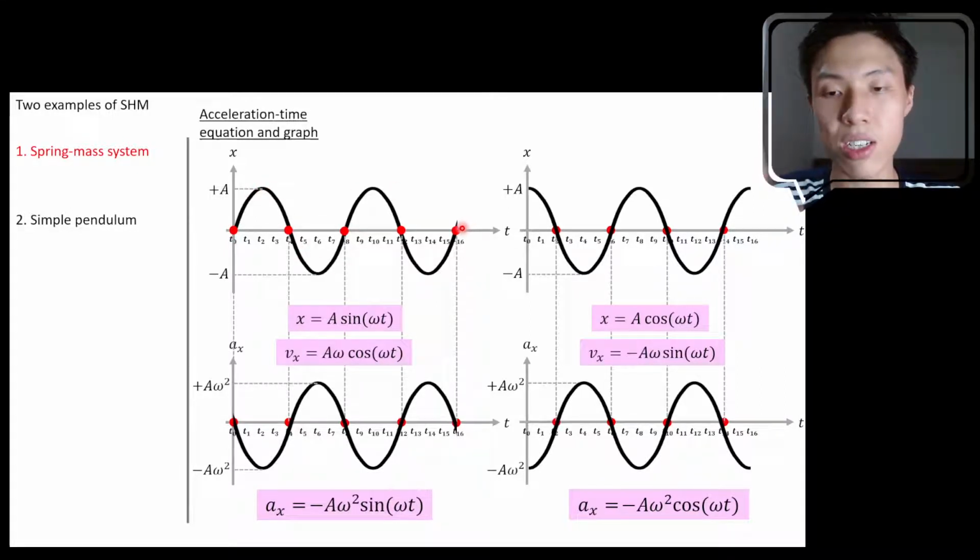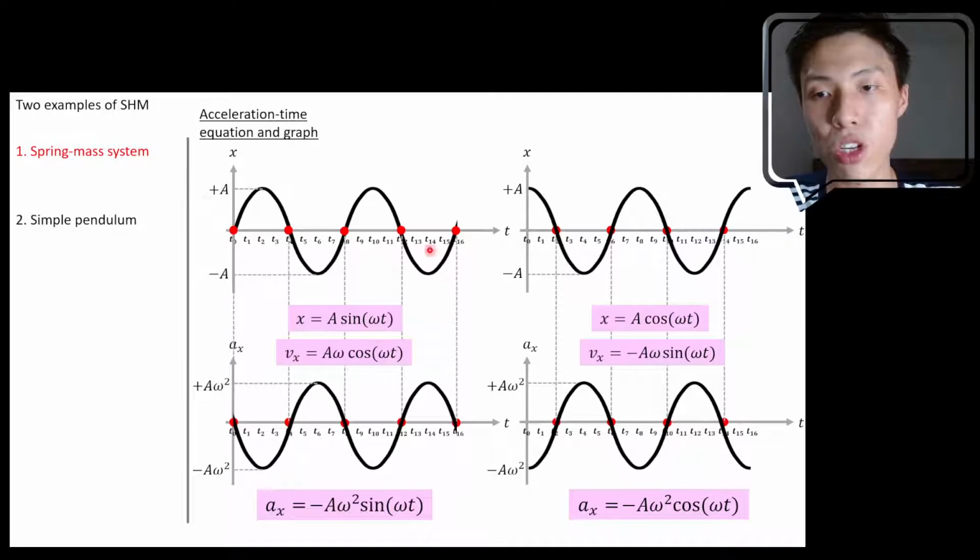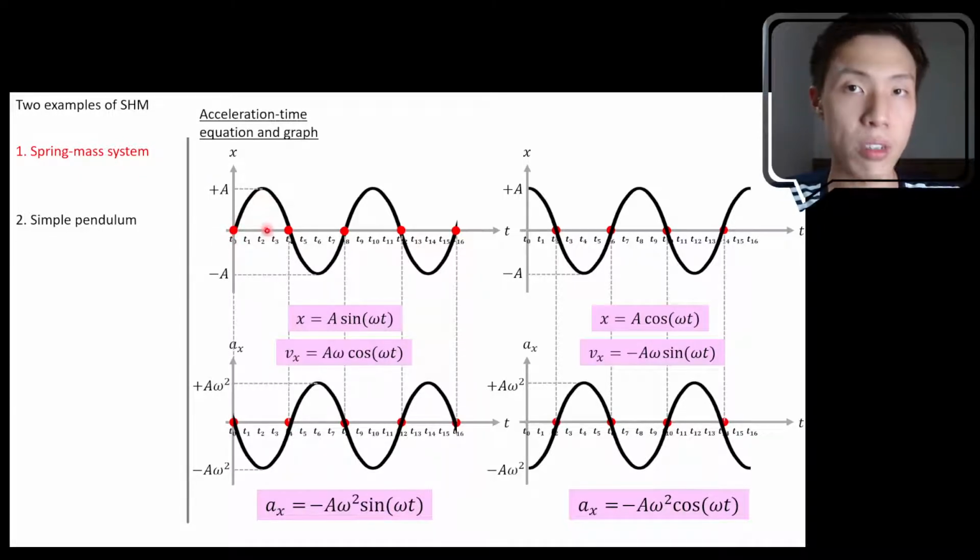We can describe its displacement by x equals A sin omega t. By differentiating, we obtain the x component of velocity, A omega cos omega t. Differentiating again, we obtain the x component of acceleration, which is negative A omega squared sin omega t.